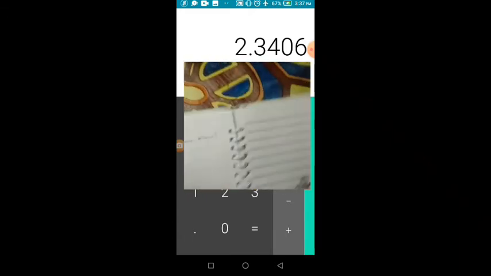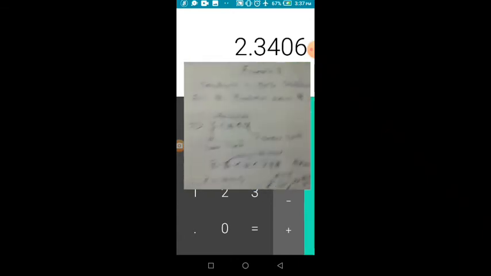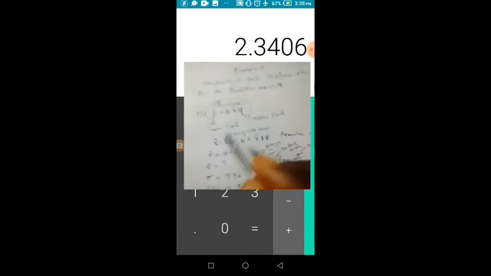Now to get our interval estimate, don't forget about this formula and this formula.